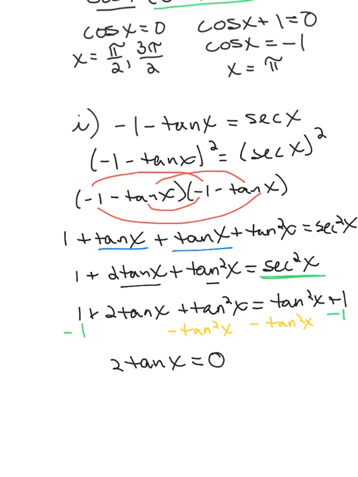I still need the function to be completely by itself, so I need to divide by 2, and I get tangent of x equals 0. So now I have to ask myself, at what angle or angles will I get 0 if I put the y value over the x value? That happens at the angles of 0 and pi.